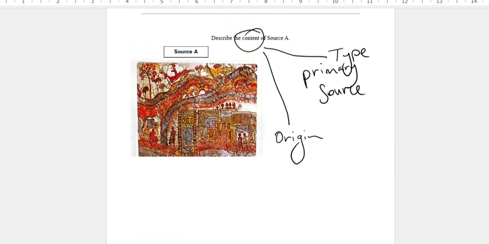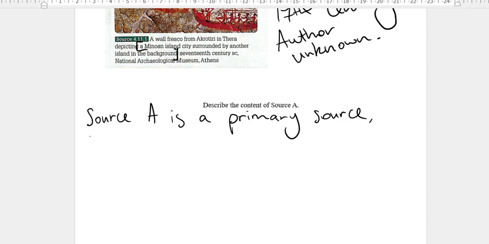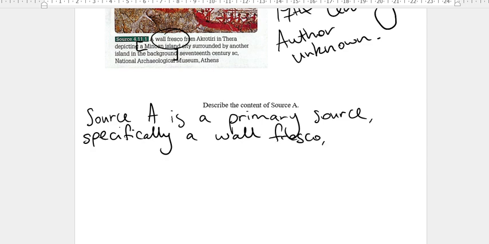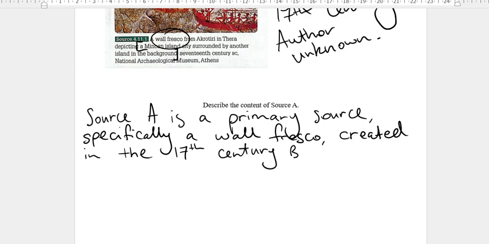Okay, so I'm going to say primary source, specifically a wall fresco, which again comes straight from the source. Created in the 17th century BC, but the author is unknown.